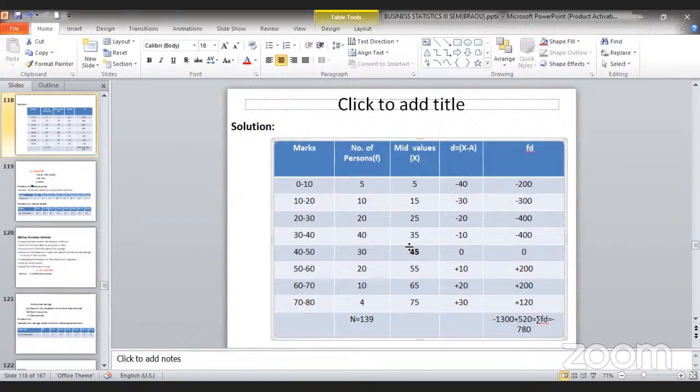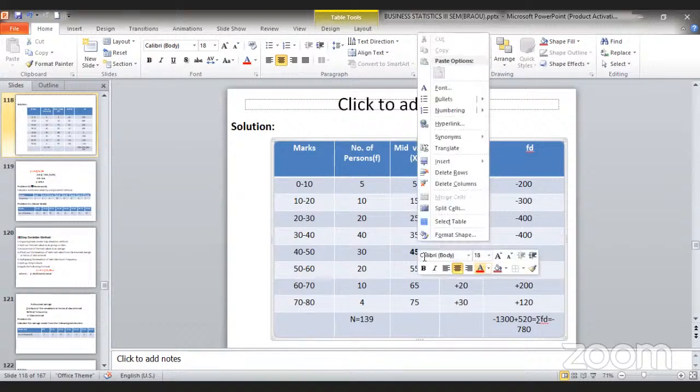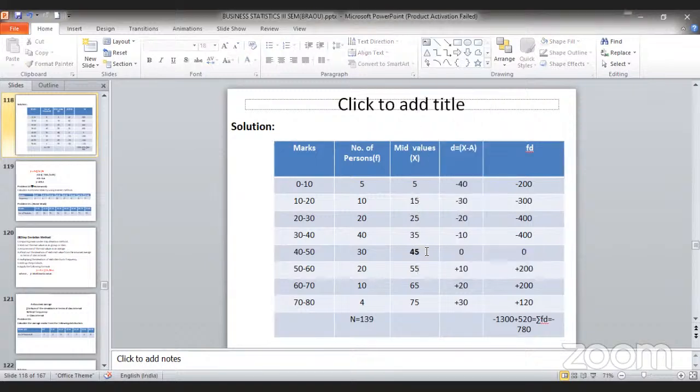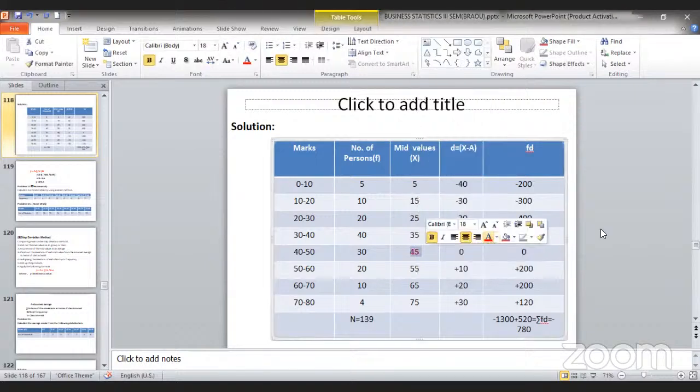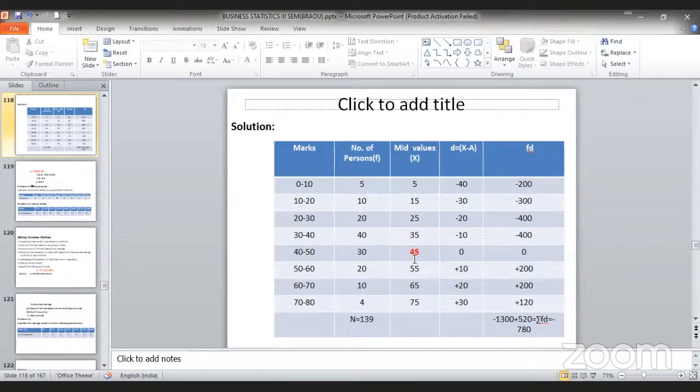X is the mid values. Assumption is a 45.